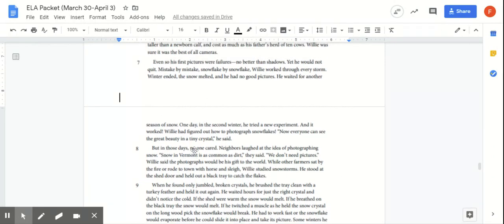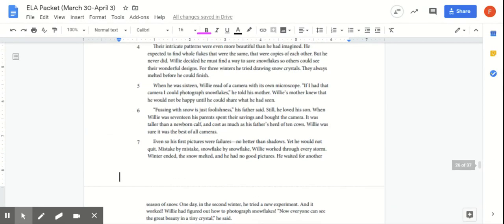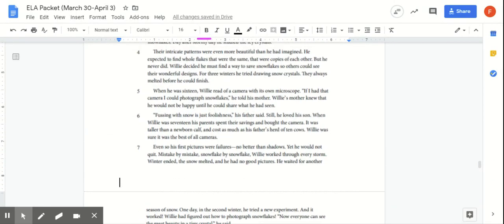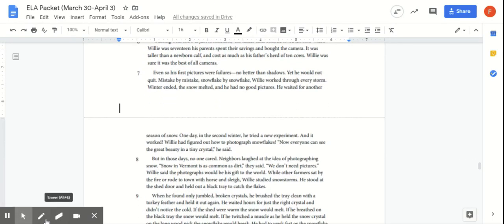So, a good strategy to figure this out would be to look at the paragraph that each sentence is in and carefully analyze it. So here I'm in paragraph 7. I'm going to underline that quote.